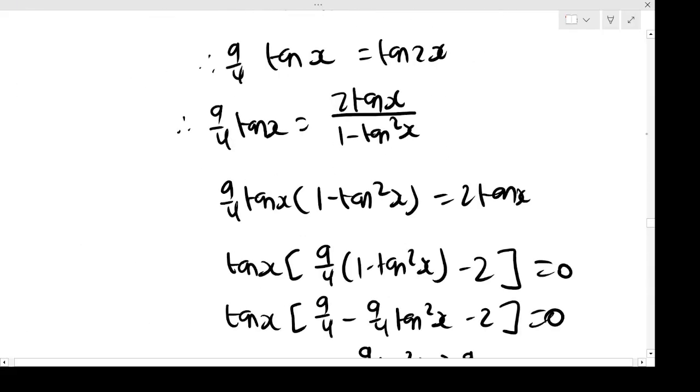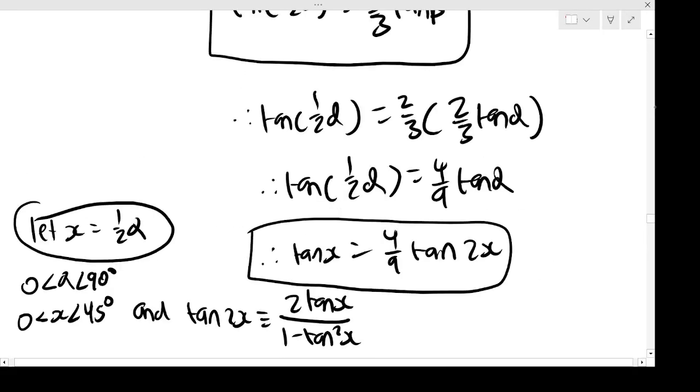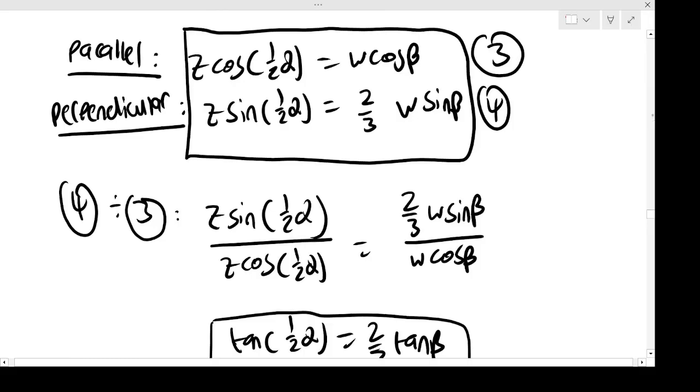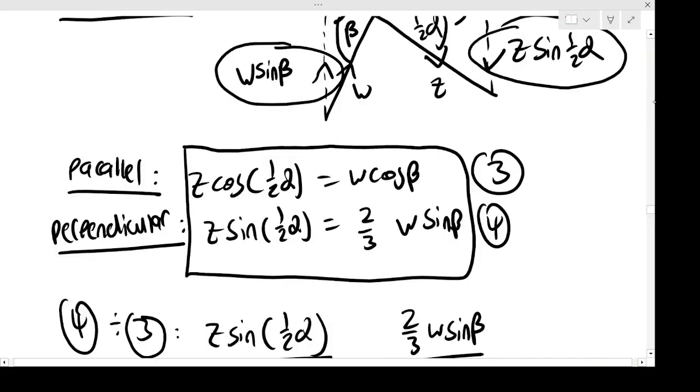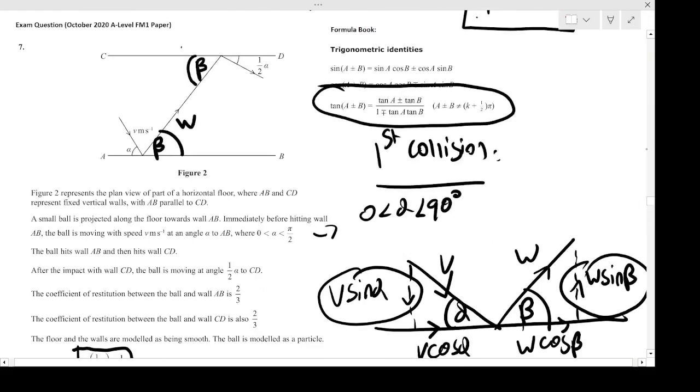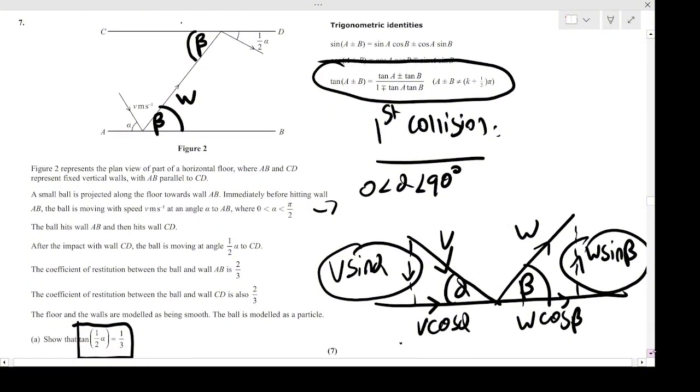Okay, so again, really the steps are nothing too unusual, because you should be able to solve trig equations. You should be able to find double angle formulas from normal maths, and also write the parallel and perpendicular equations like we normally do. But there we are.